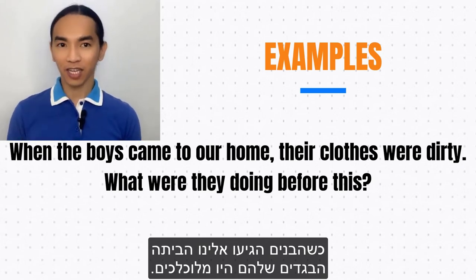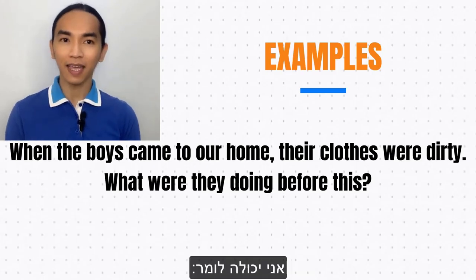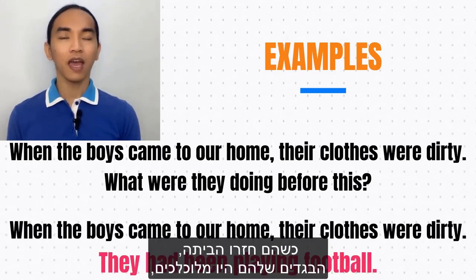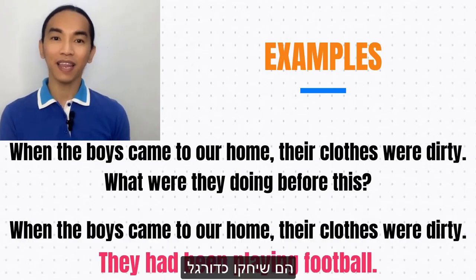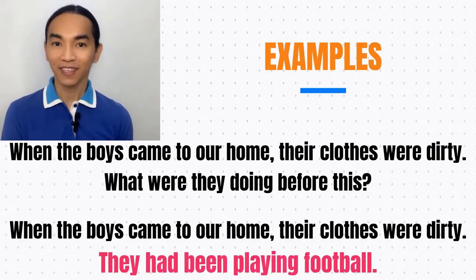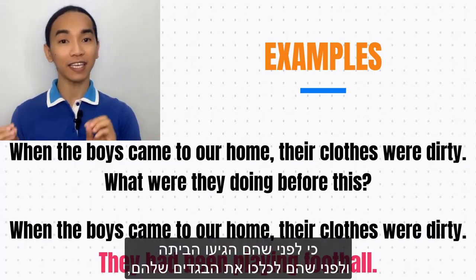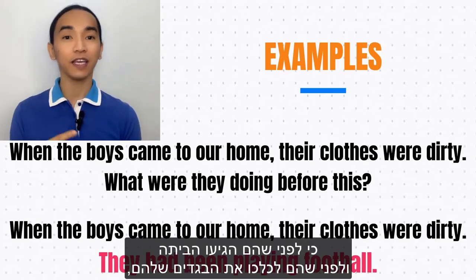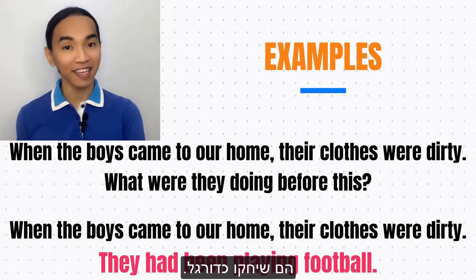Okay. So another example that I could give you is when the boys came to our home, their clothes were dirty. So what were they doing before that? So I could say when they came home, their clothes were dirty. They had been playing football. They had been playing football because before getting home and before getting their clothes dirty, they had been playing football.